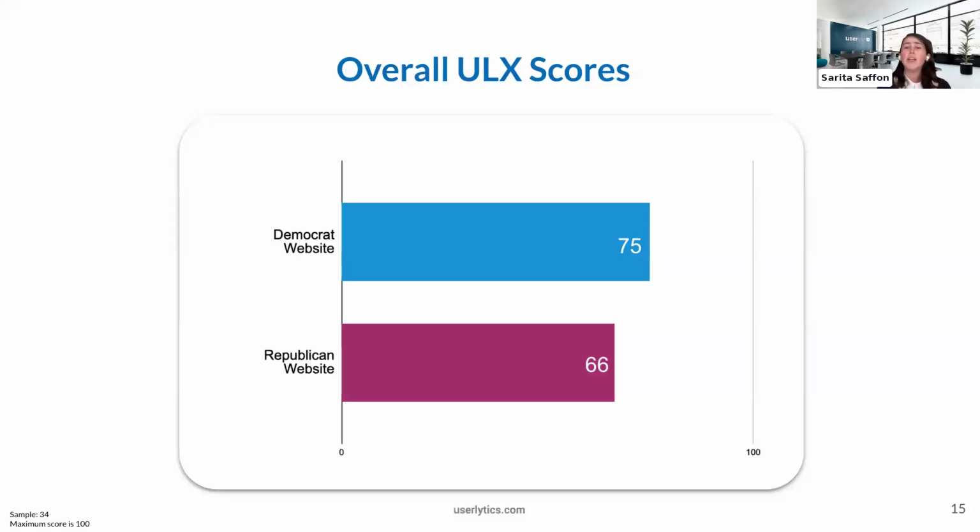The differences are not likely due to a real effect, but could be due to random variability or chance. But we do have to take into consideration that the sample here is reduced. It is only 34 participants. And also that we would have to do a full ULX in order to see if those differences are truly meaningful or not.